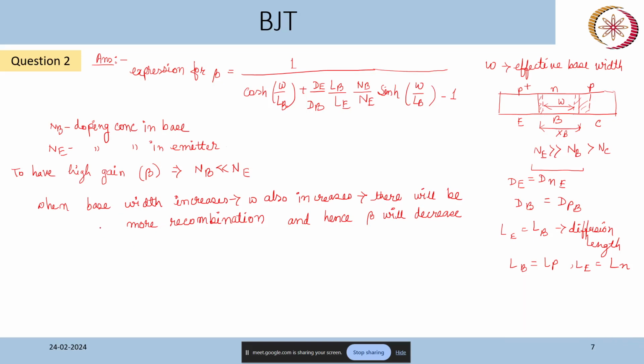Also, if the doping in the base is increased, then also recombination increases in the base region.